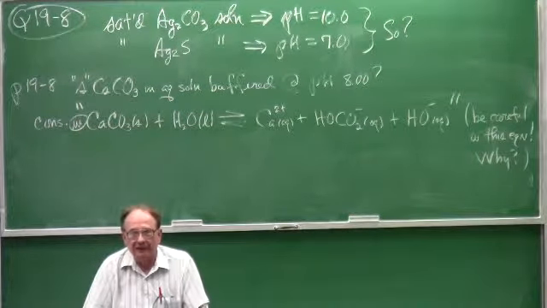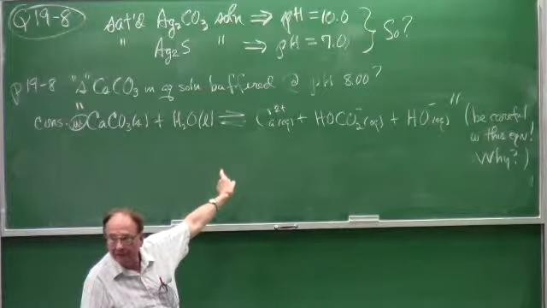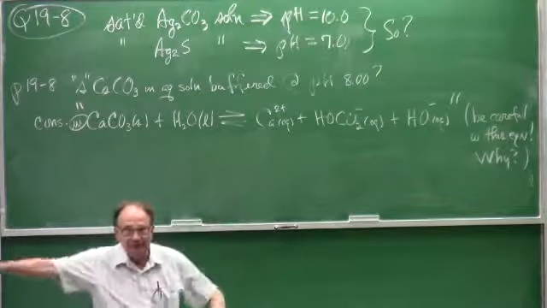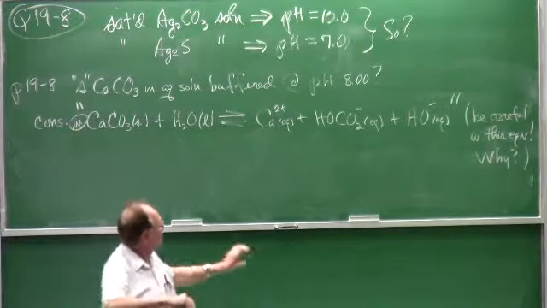Let me ask it this way. What's in this system but missing? Carbonate ion. Remember? 70% of the carbonate ion went away, but 30% of it's still there. What does that mean?